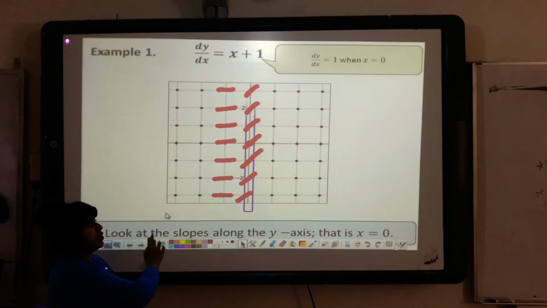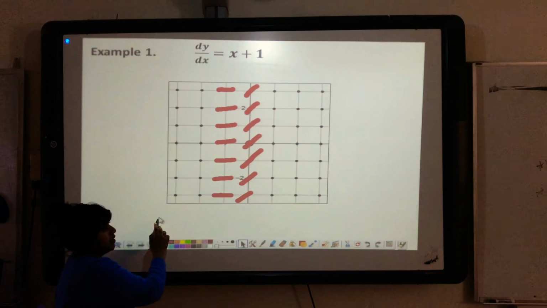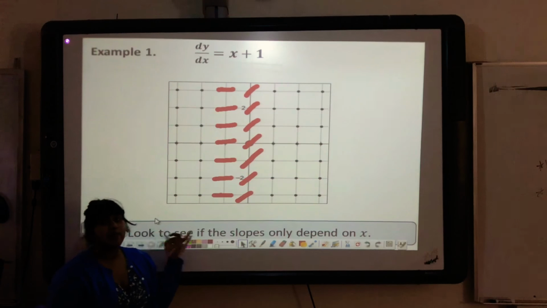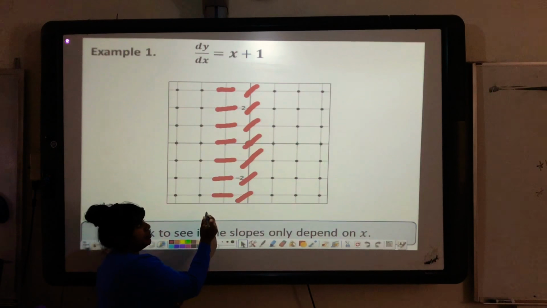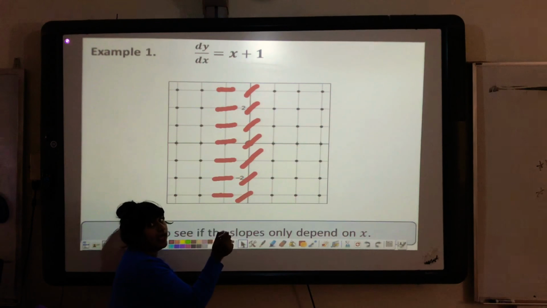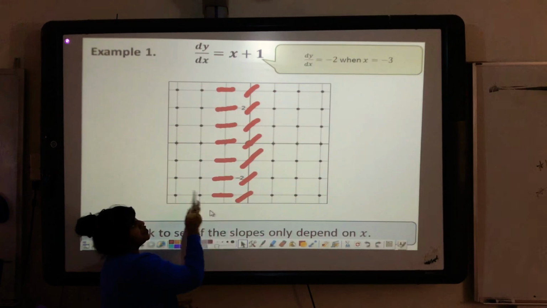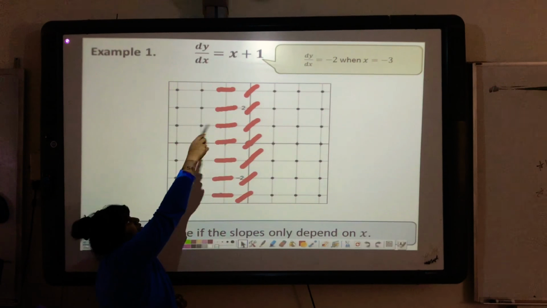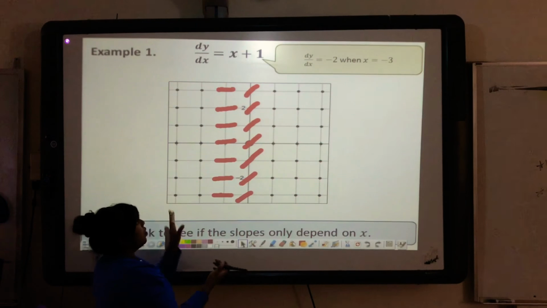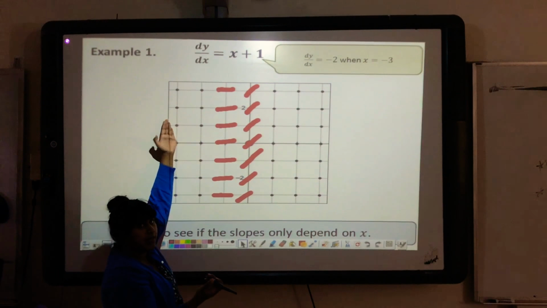From there, all we're going to do is see what depends on my x or y, or both. What that just means is plug and chug, as simple as that. So first thing we're going to look at is when x is equal to negative 3. Well, what happens when I plug that in? It becomes negative 2. So all of these slopes are going to be negative 2.